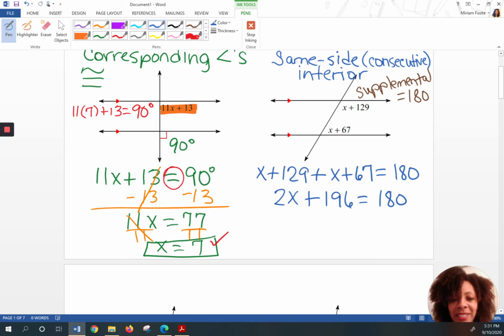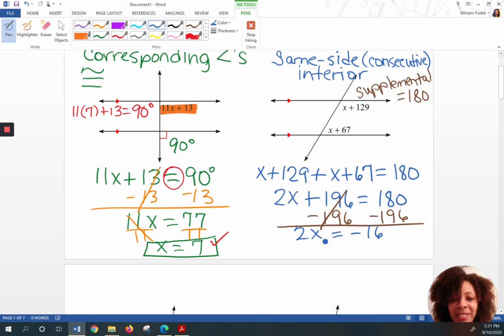So now I want to further isolate, and I'm trying to get x by itself, which means I'm going to have to move this 196 over. And so therefore I'm subtracting, and I end up with 2x is equal to negative 16.